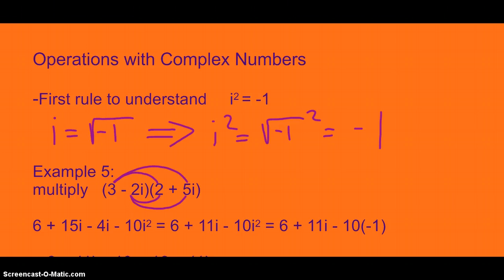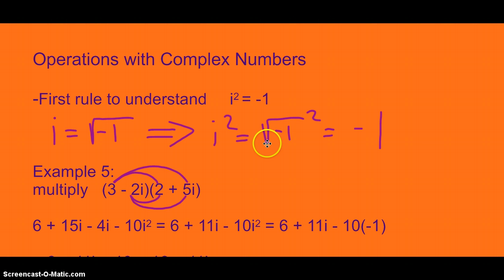So now we're going to do some operations with these complex or imaginary numbers. And a really big idea that we're going to be using when we do these operations is that i squared is equal to -1. And you can see the work down here for why that is true. If i represents the square root of -1, a square is the opposite of a square root.